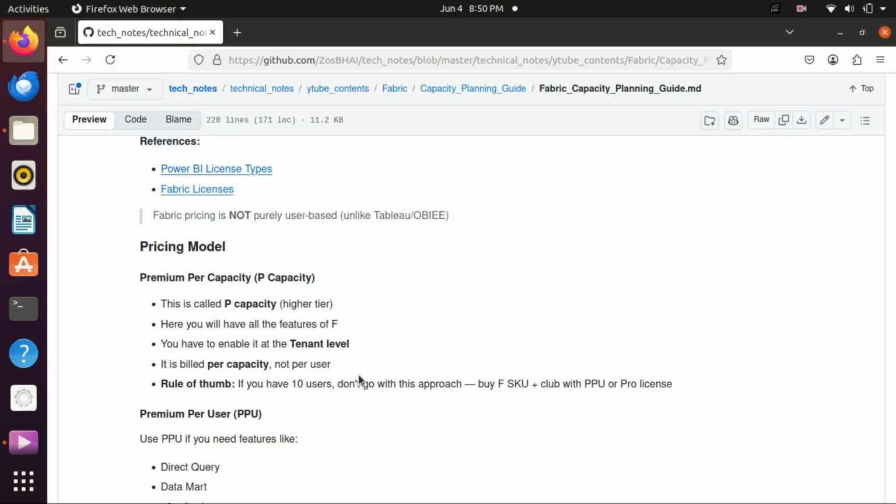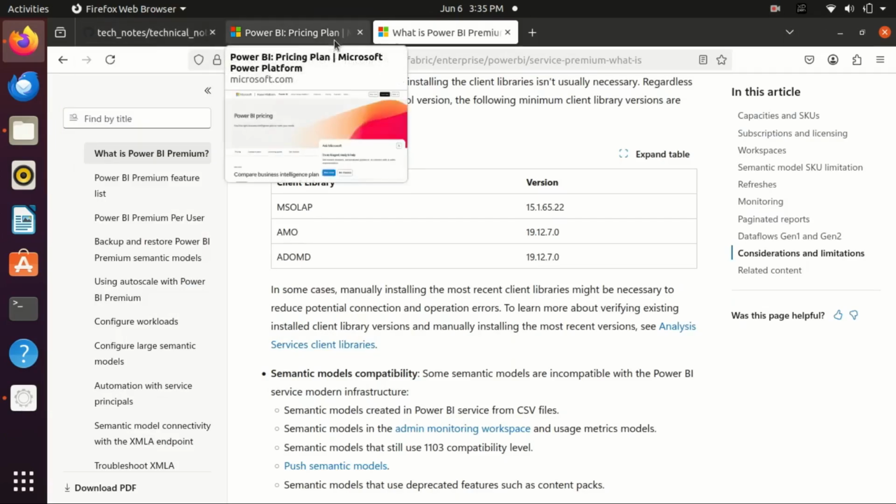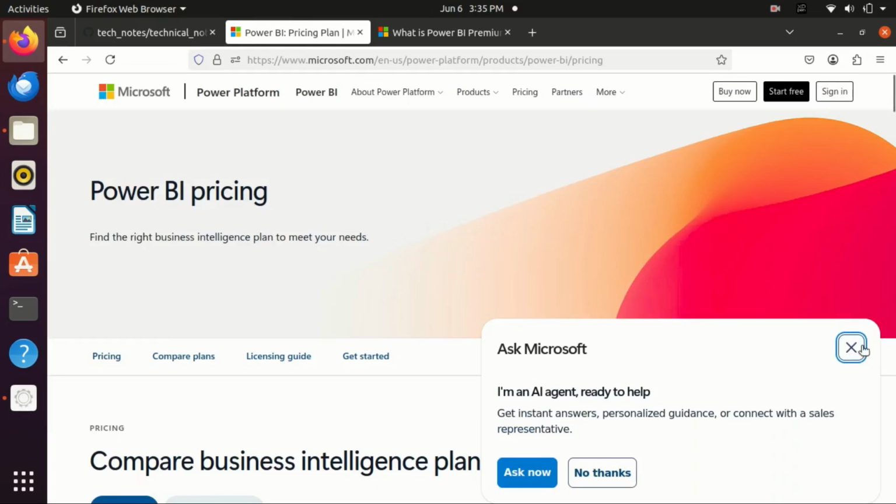So say, for example, for an organization with a small number of users, using a large P capacity may not be a cost effective option. In such a scenario, using a Fabric SKU combined with any of the user licensing may be a better option.